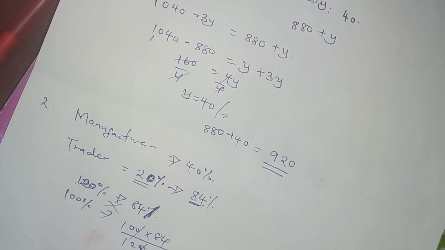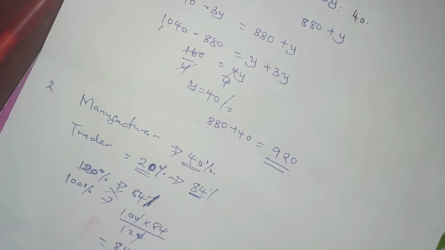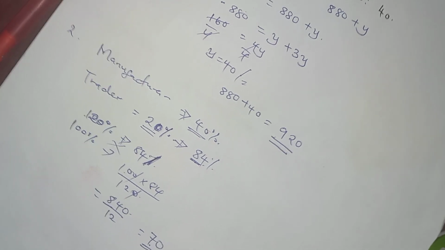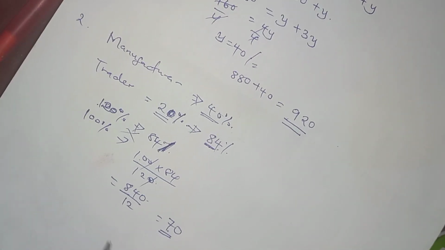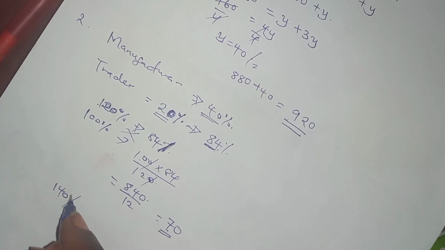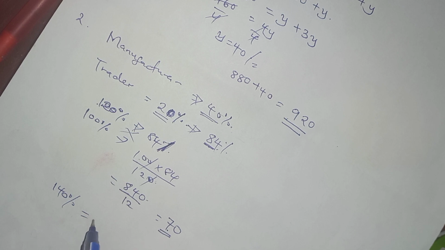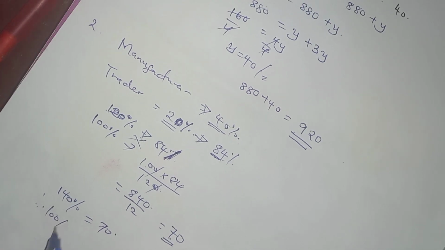So when we want to get the buying price of the manufacturer, because we are told that this manufacturer made a profit of 40%, this one here will now represent 140%. So what about 100%?